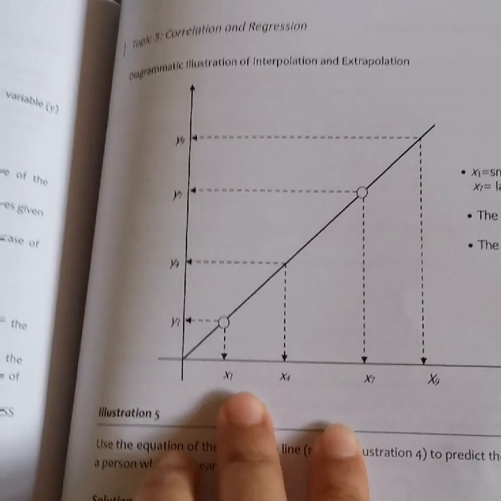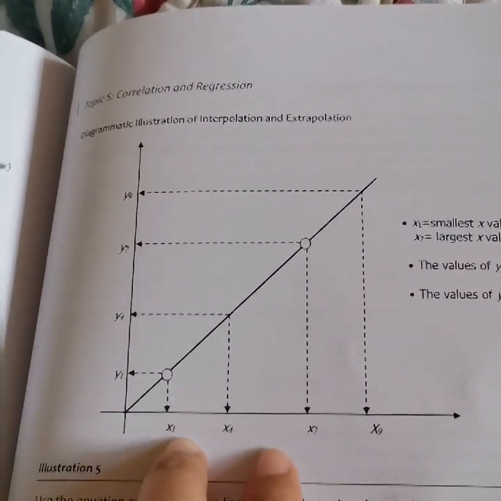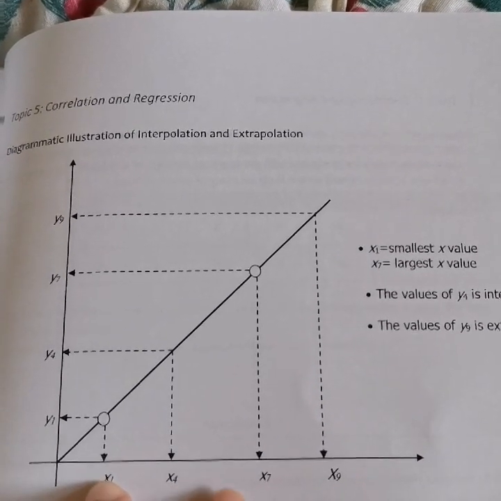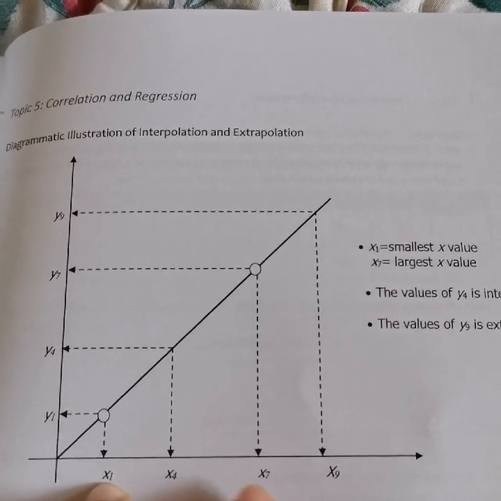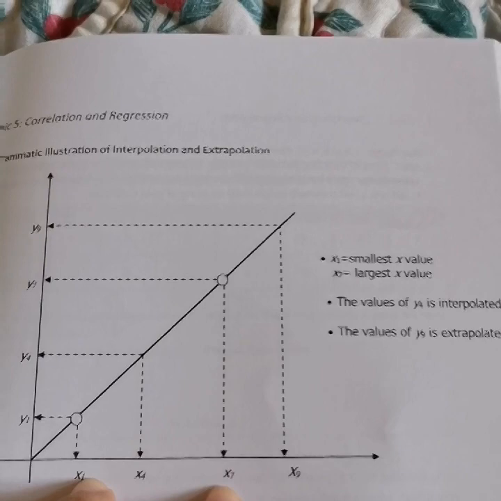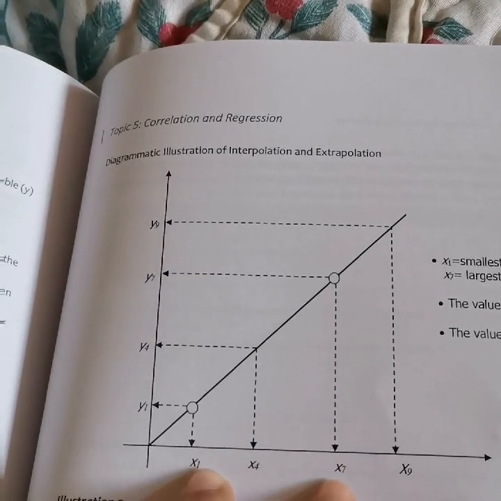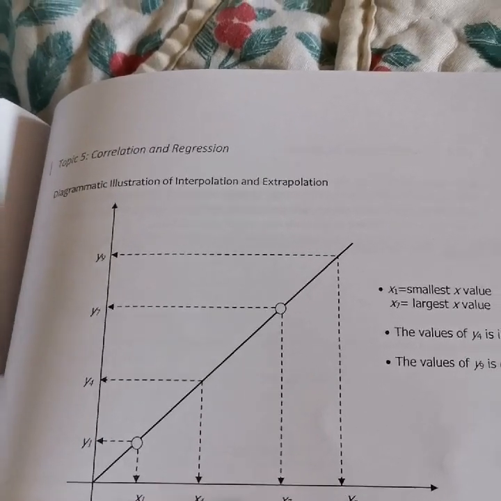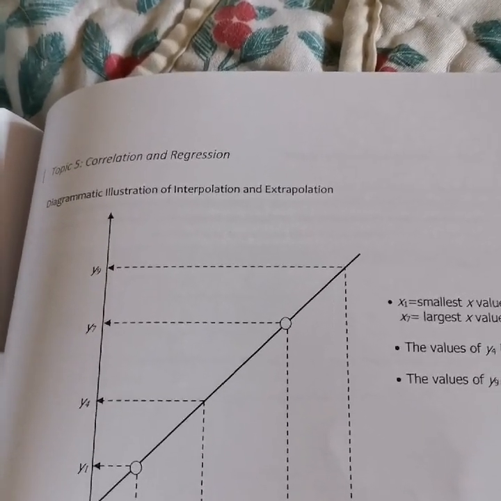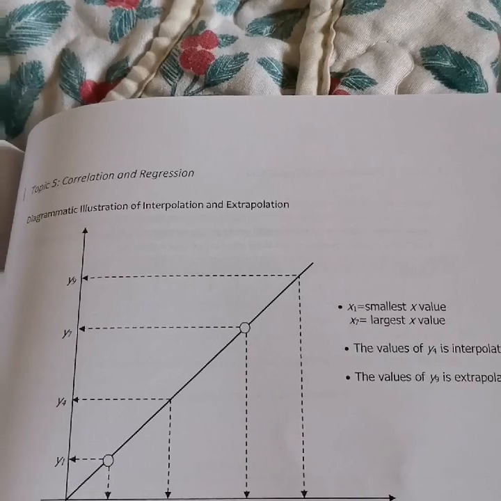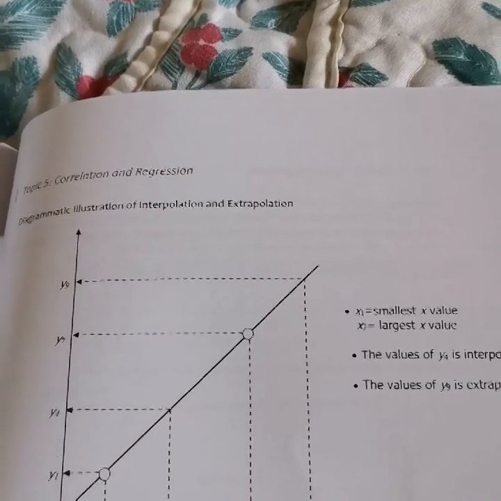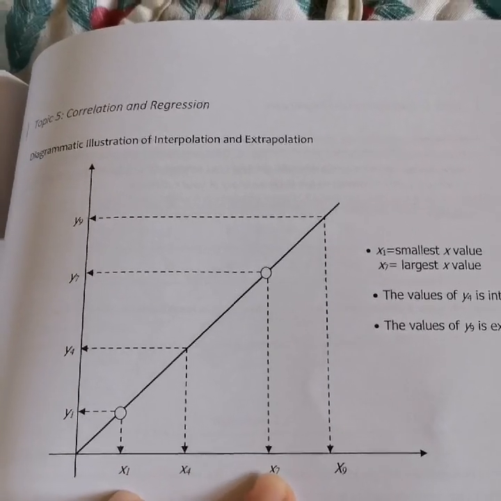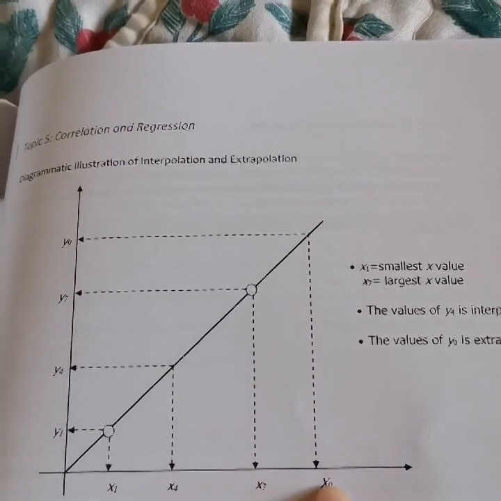What about extrapolation? Extrapolation happens when the original data that you have is between x1 and x7, but you would like to know the value of y if your value of x is x9. Remember our original data is between this range, but x9 is out of the range.